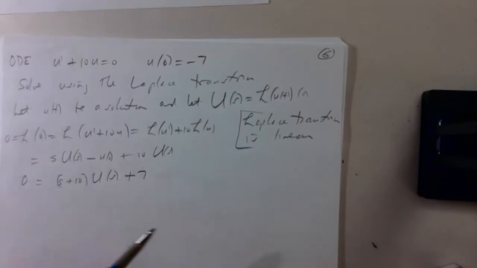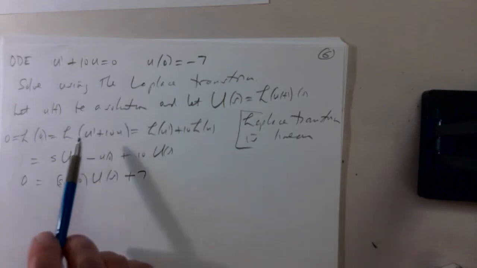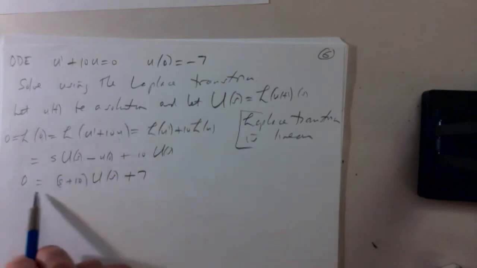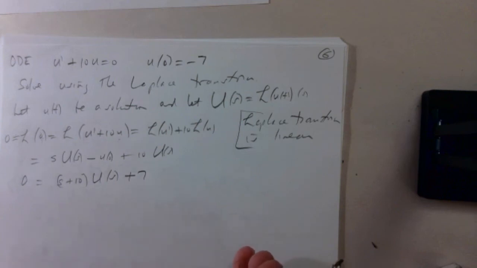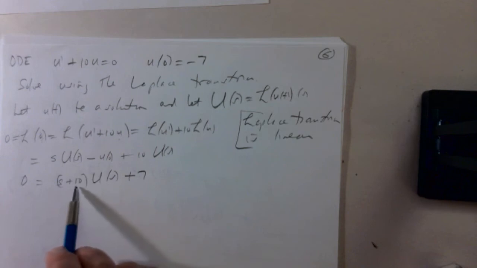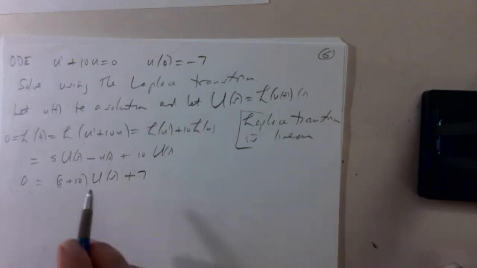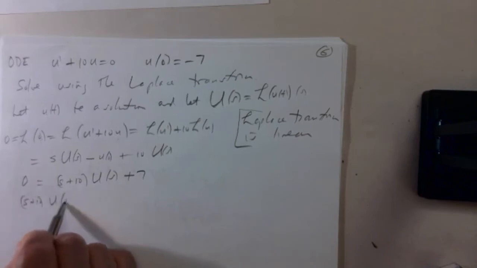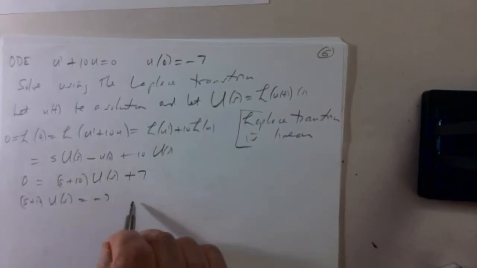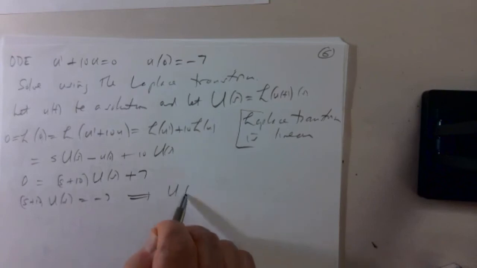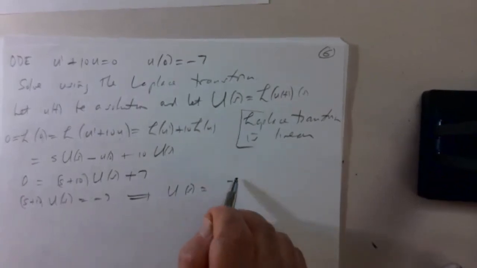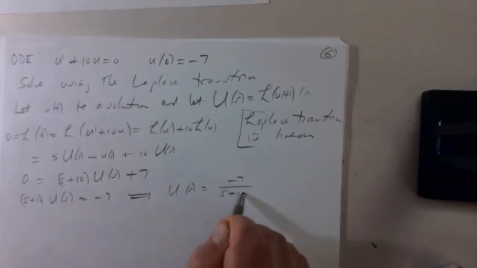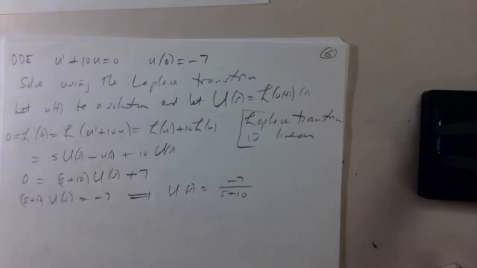So when we take the Laplace transform of this differential equation, we get this equation where there's no more derivative. This is just an equation that we can solve for U of s. This says that s plus 10 times U of s is minus 7. So U of s is equal to minus 7 over s plus 10.